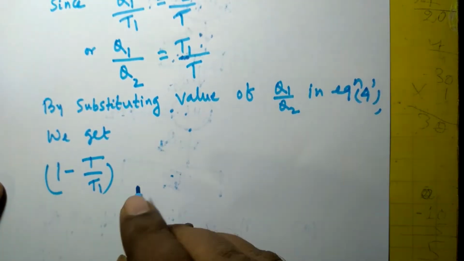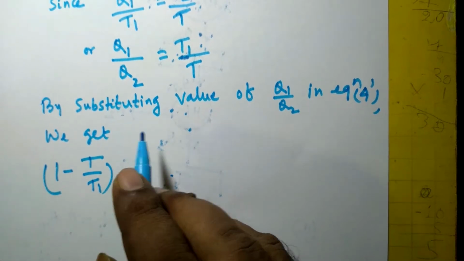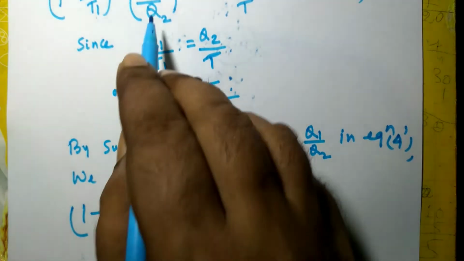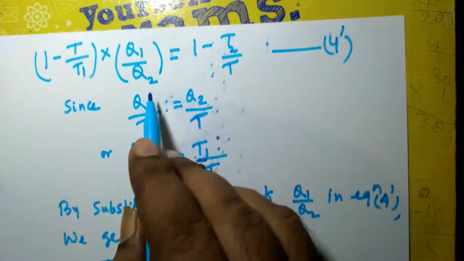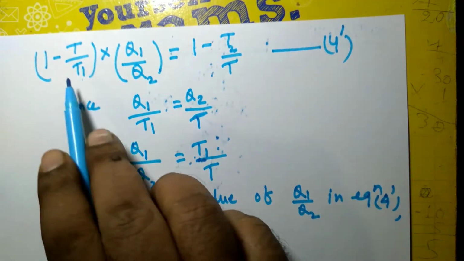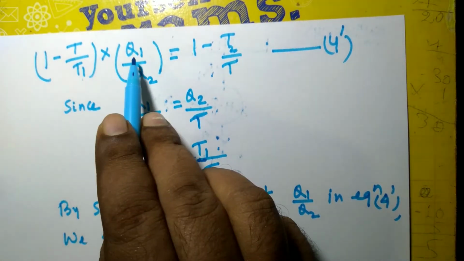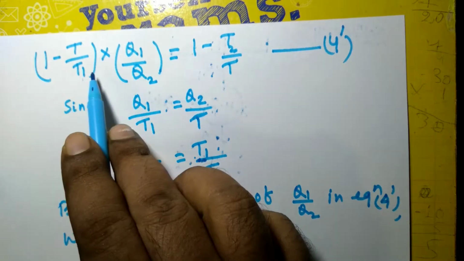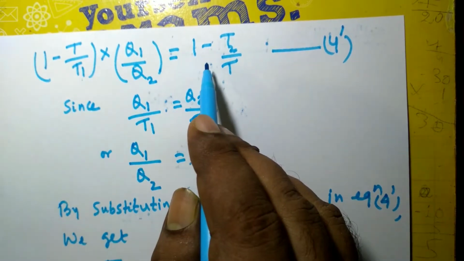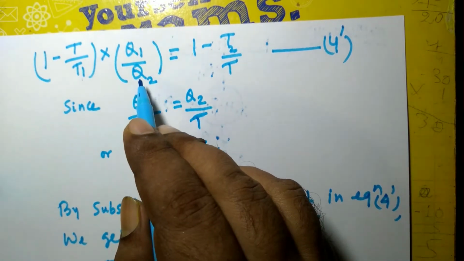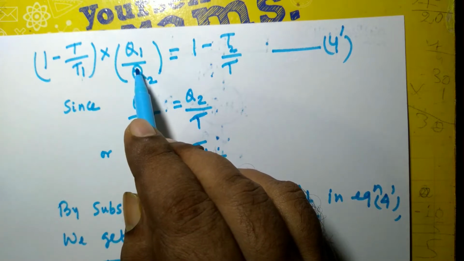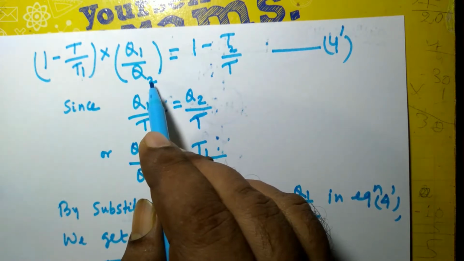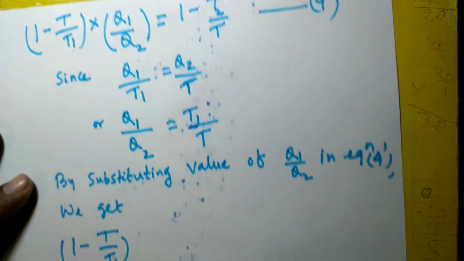What I am trying to do is express Q1 by Q2 in terms of temperature only, so that we can prove that the intermediate temperature T is the arithmetic mean of T1 and T2. So I can substitute for Q1 by Q2 in terms of temperatures only.